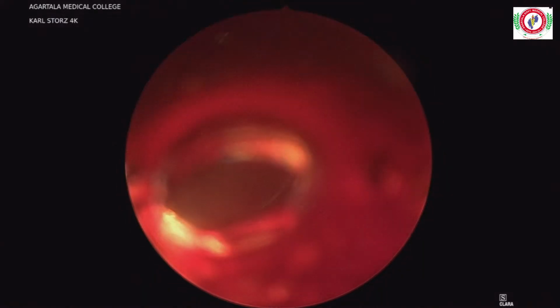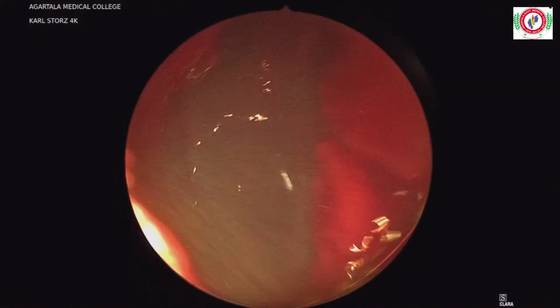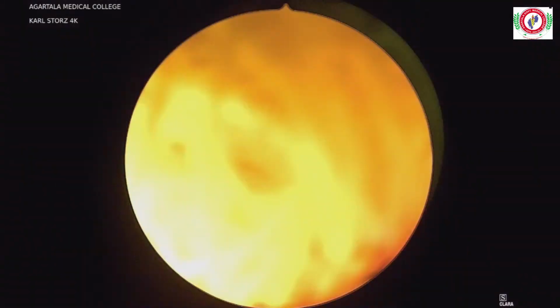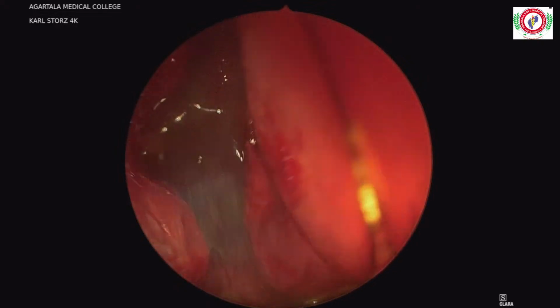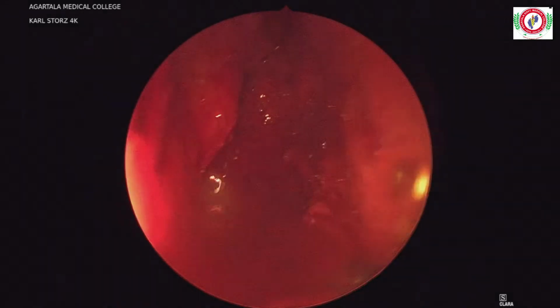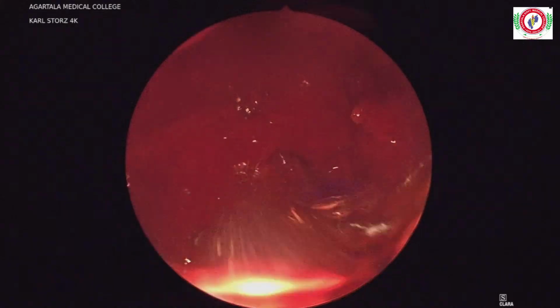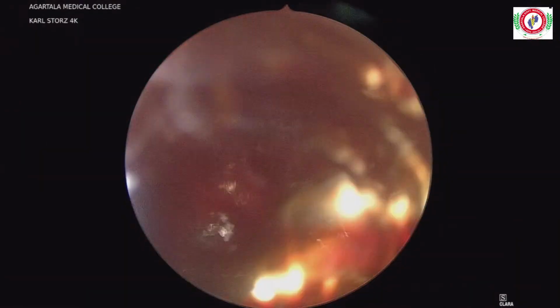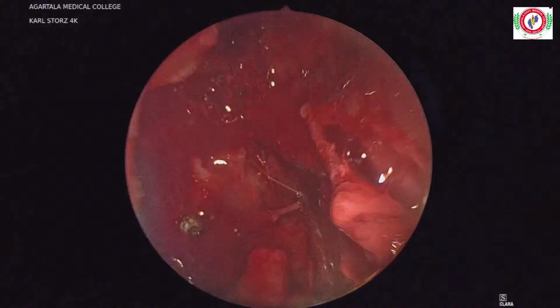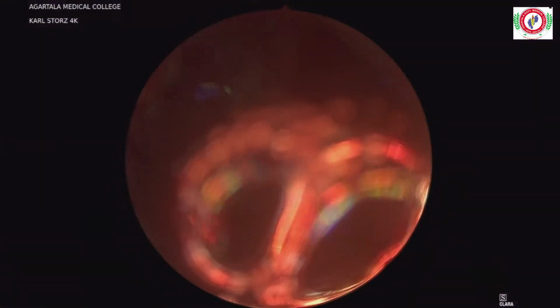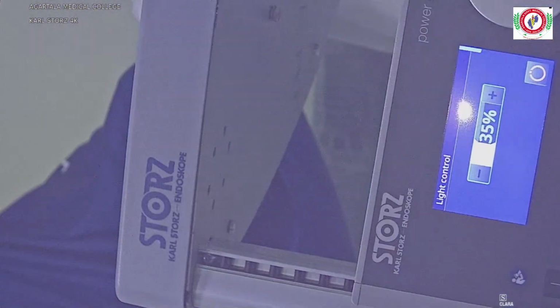Keep the suction in the floor. All right, press now. Press. The moti suction. Wash. Yeah, it has stopped now.